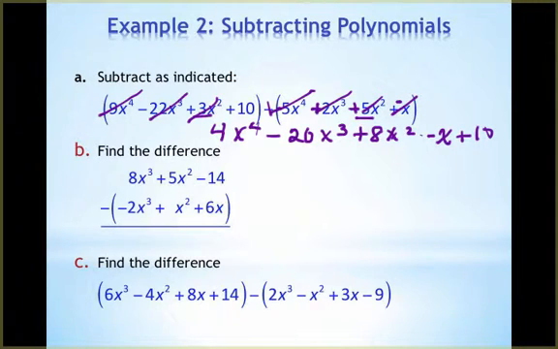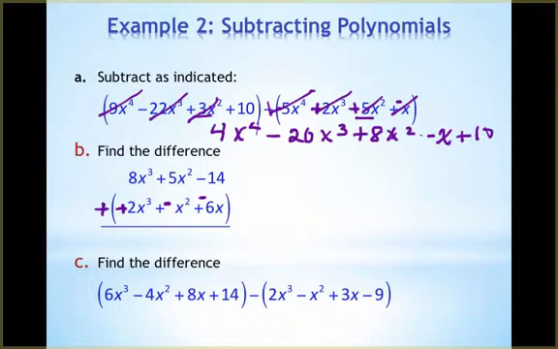Another way you can do these, rather than horizontally, is to do them vertically. I normally write my problems horizontally, but sometimes in textbooks you may see them written vertically. We're going to do the same thing. We change this to plus, and then the opposite: positive 2x cubed, negative x squared, and negative 6x. The main thing is to make sure we line up like terms.